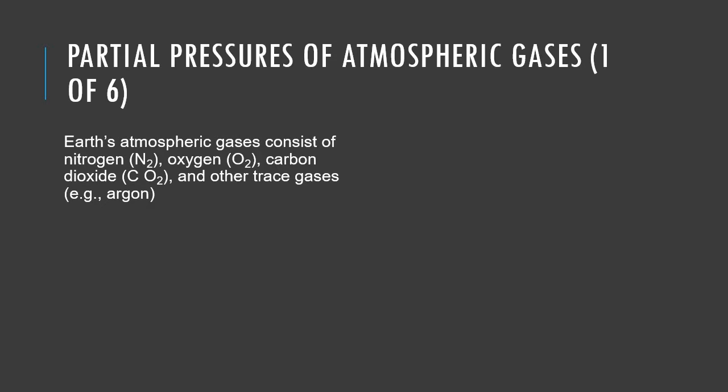Partial pressures of atmospheric gases. Earth's atmospheric gases consist of nitrogen, N2, oxygen, O2, carbon dioxide, CO2, and other trace gases like argon. Nitrogen consists of about 78% of the total barometric pressure of 760 torr.